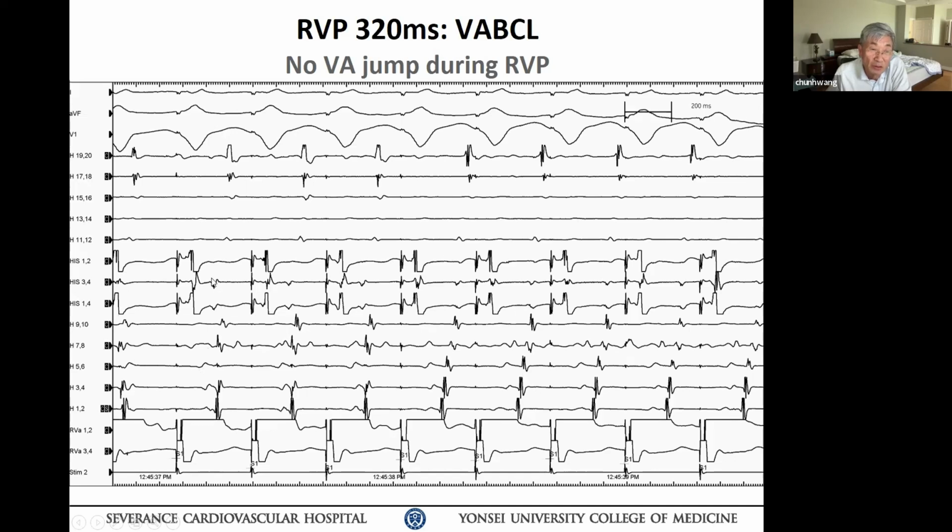That would not be normal, would it? We expect to see more eccentric activation if you're going through the His bundle, the His, the A, then CS activation. So when you see this fusion beat, it is also suspect, and then gradually merging to the left side, the longer VA interval. Okay, all right, keep going.